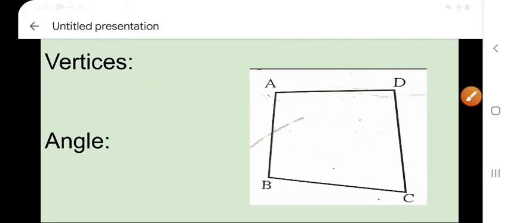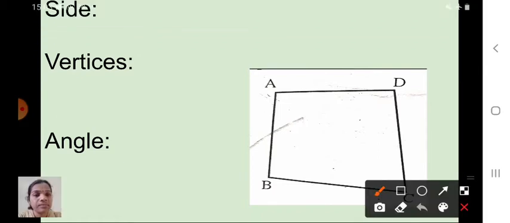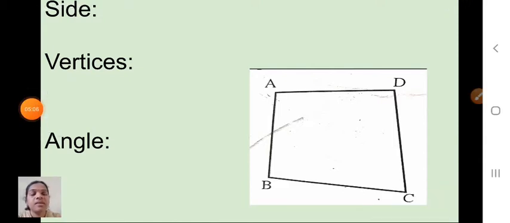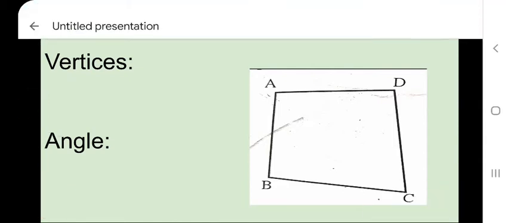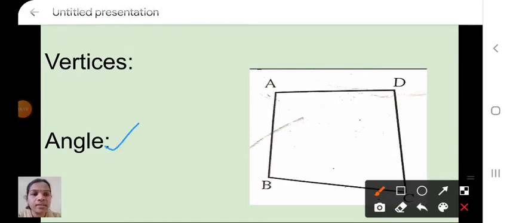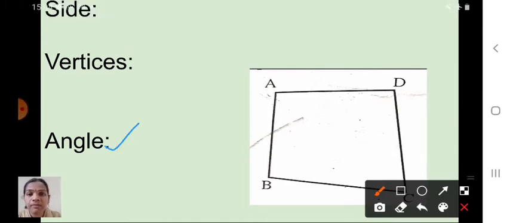Children, how many angles are there here? Normally when we write an angle, we use 3 letters, isn't it, children? Suppose I have to mention angle B. How do I write it?